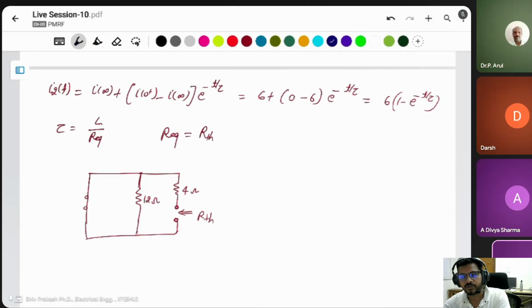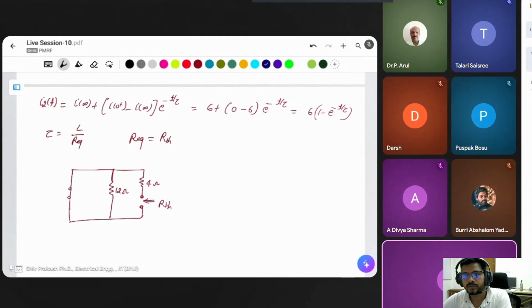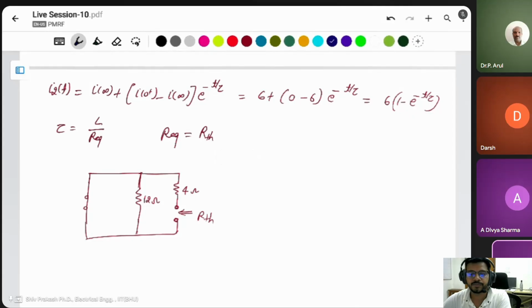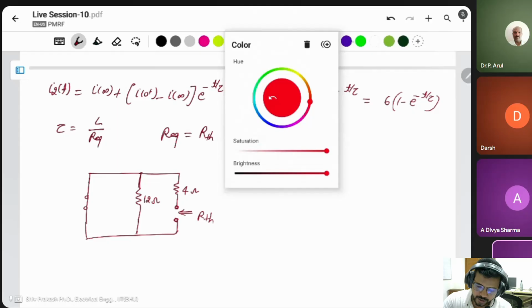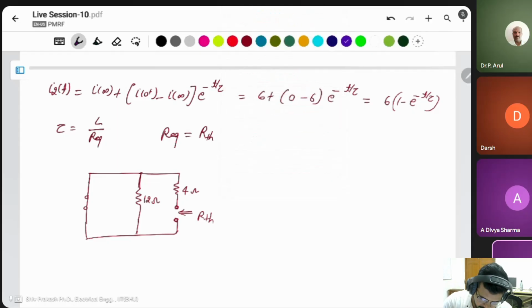Someone says 16 ohm. Okay. 4 ohm. Okay. Here, this is the short circuit.